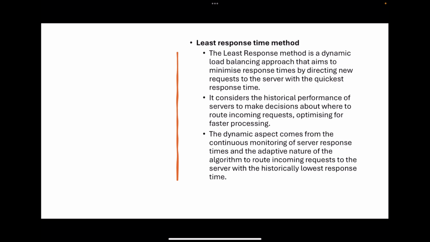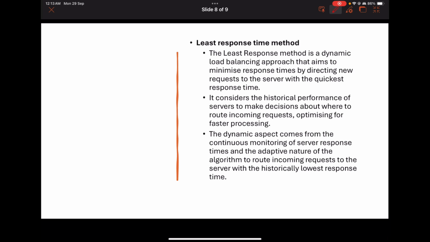So moving on to the least response time method. The least response time method basically depends on the historical time taken by the servers to respond to a request, and it does not incorporate the kind of request, because some kinds of request might take longer than usual to process. So say for example we have server 1, server 2 and server 3.